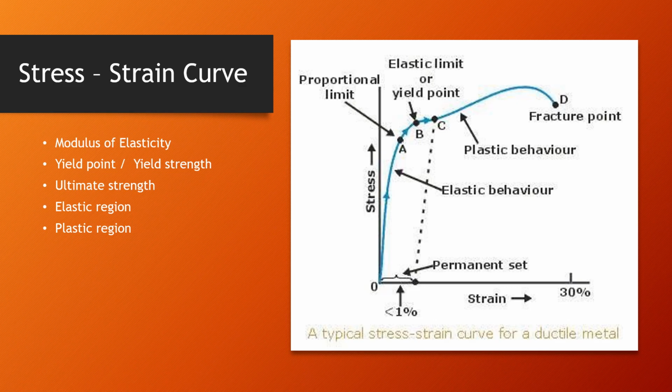The things that you'd see are a proportional limit or elastic limit, a yield point, an ultimate strength point, a fracture point, and plastic and elastic regions. The main things of interest from a stress and strain curve are the modulus of elasticity, the yield point or yield strength, and the ultimate strength of a material.